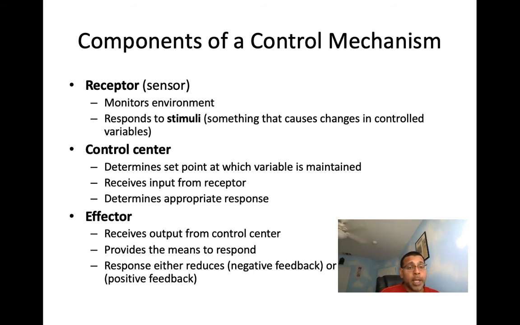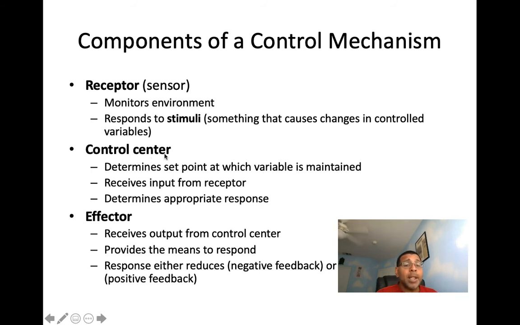Now, when we talk about the receptor, the receptor is a type of sensor. It's going to be responsible for monitoring the environment, and it responds to changes that are called stimuli by sending information, which we refer to as input, to the second component, which is the control center.